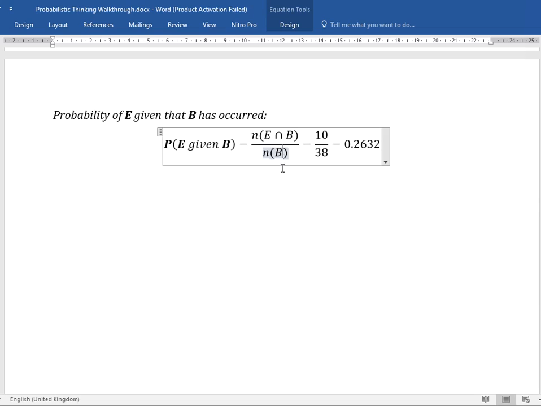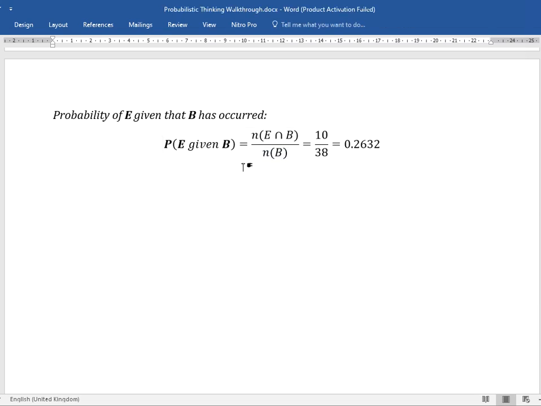Okay, so when you're looking at the entire sample space, it's like saying the probability of E given the entire sample space, but we don't really go further into saying given the entire sample space because we feel that's obvious. We only now start introducing given when the new information that's available now makes us update the sample space.